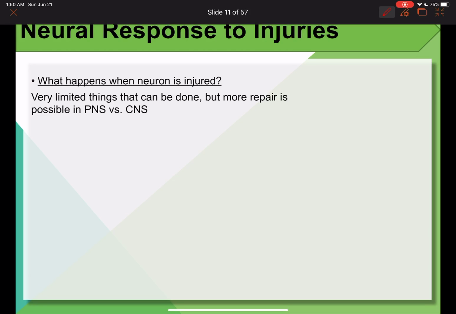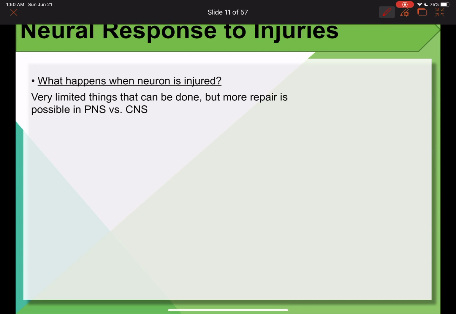All right, so just like how we've talked about what happens when muscle and bone tissues are damaged, we discuss here what neurons can do if they are injured. Okay, I talked about how we can't regenerate neurons other than those in your olfactory organs and also in your hippocampus. But if your neurons are damaged, technically speaking, your nervous system has a way to repair it.